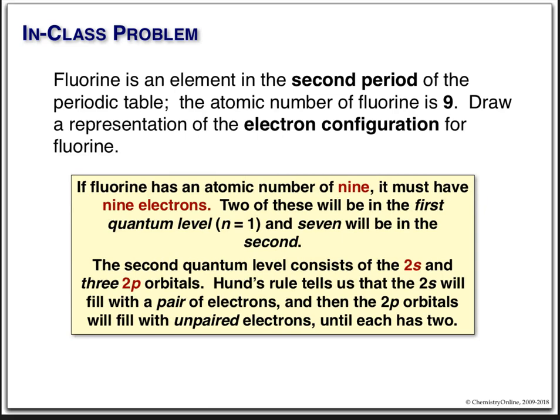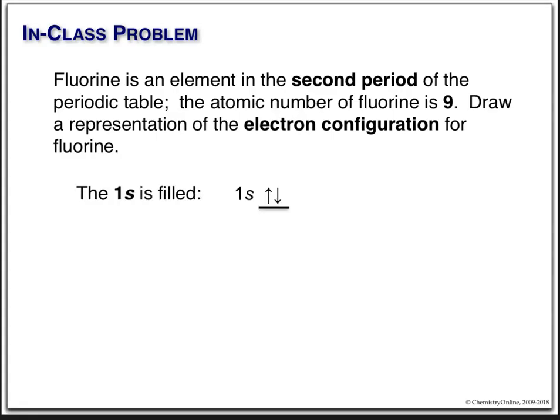1s is full, 2s is full, 5 electrons in the p orbitals. All right, let's do it. There's the 1s. 4 electrons, it's full. Here's the 2s. First 2 columns there, it's full.